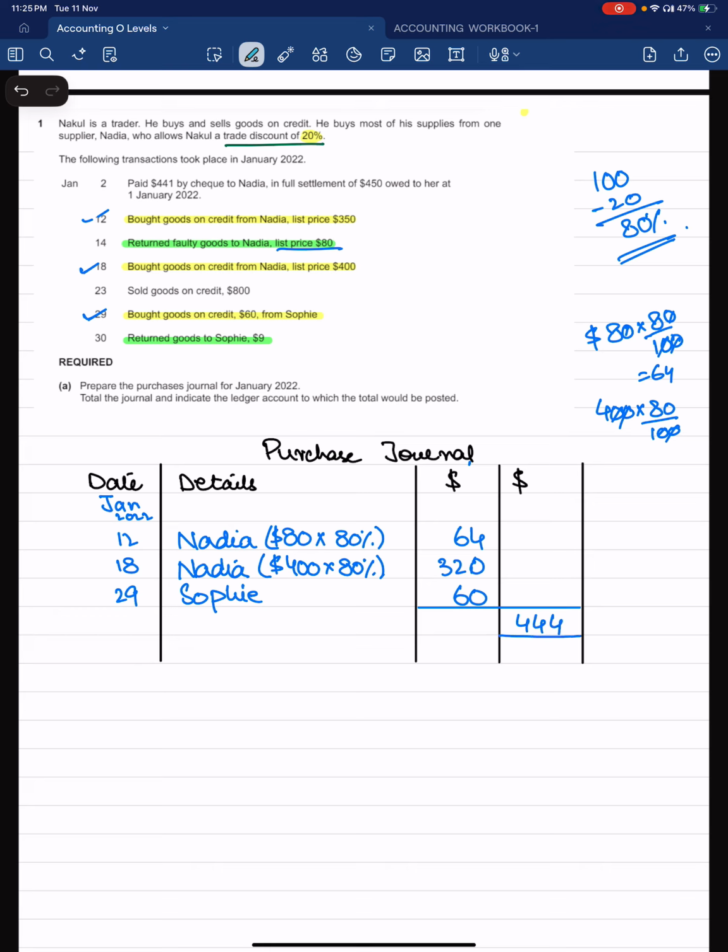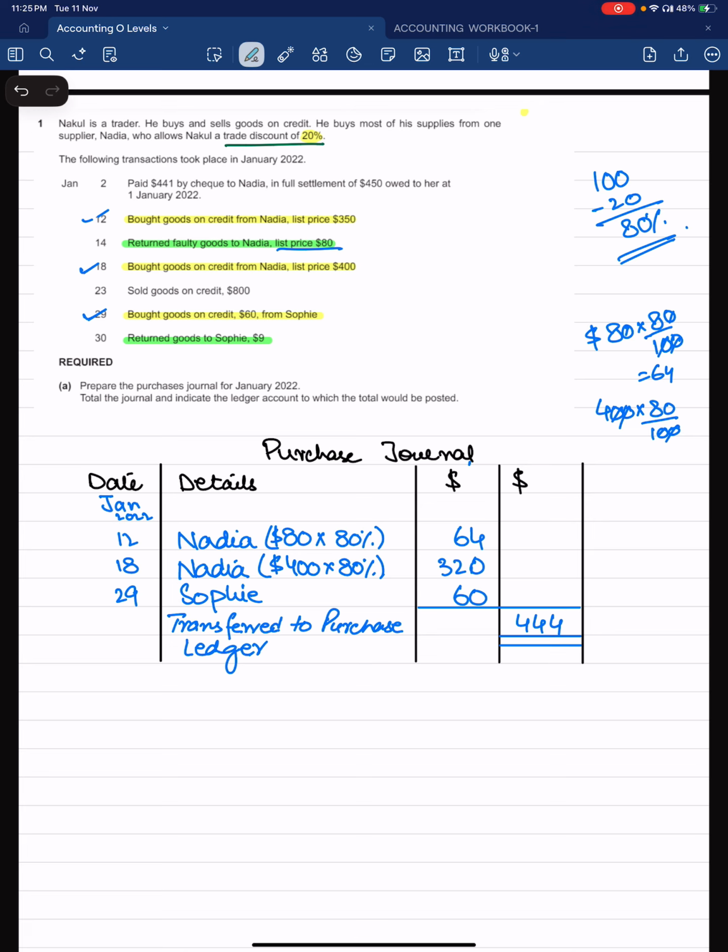This is the way. Whenever there are two columns given, we will do it like that. Or this 444 will be transferred to purchase ledger. Now, this is the way of doing the purchase journal.